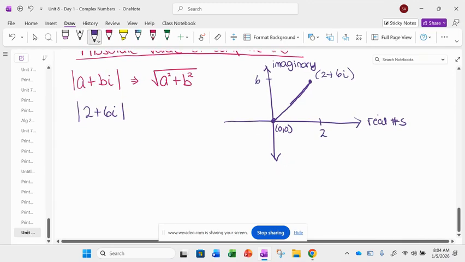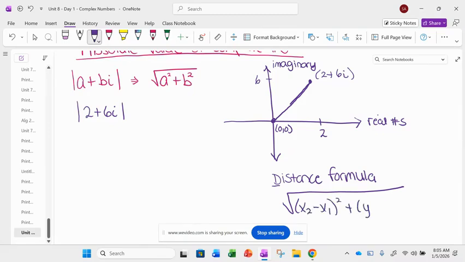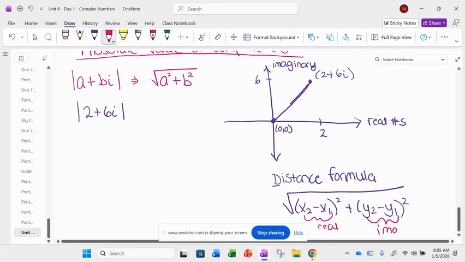And the distance between any 2 points is found by taking the square root of x2 minus x1 squared plus y2 minus y1 squared. Now, in this scenario, our x's will be our real, our y's will be our imaginary.